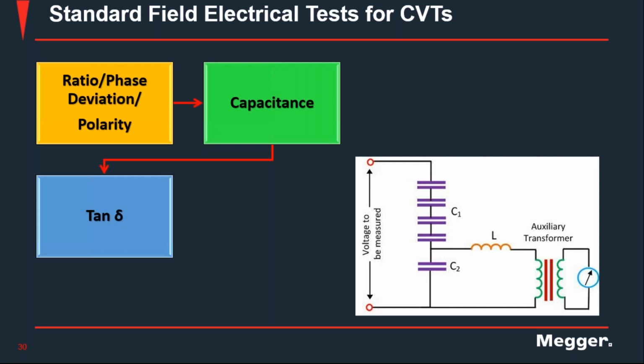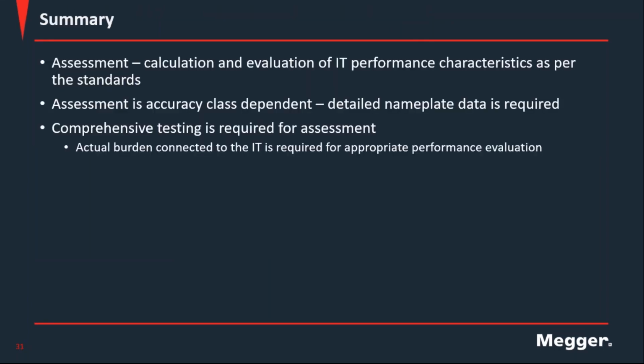So it adds a little bit of complication to the test, and you probably need to use an instrument that has at least a good voltage to excite these capacitances and generate induced voltage here. And then once you get the results, you can do the assessment, which applies very similarly to what we discussed.